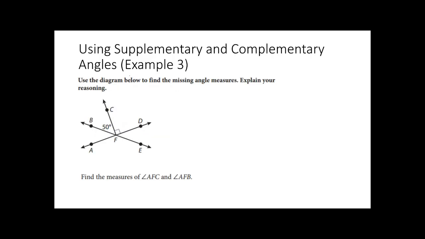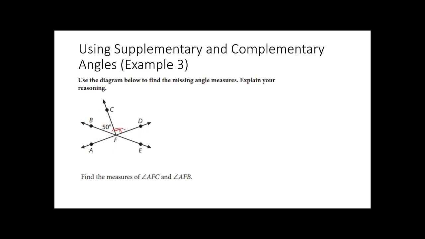All right, using supplementary and complementary angles. So this is kind of the answer, going off the answer from the essential question. Basically, we have a diagram here, and they give us a whole bunch of lines intersecting one another, but from those lines come angles. So they do tell us that angle CFD, apologies, is a right angle. It's 90 degrees. But we also know that AD is 180 degrees.